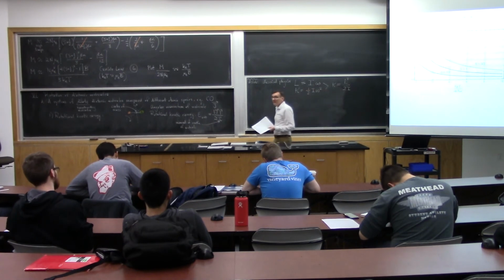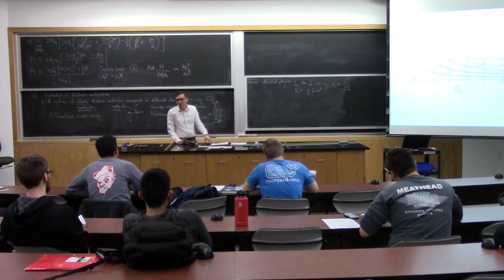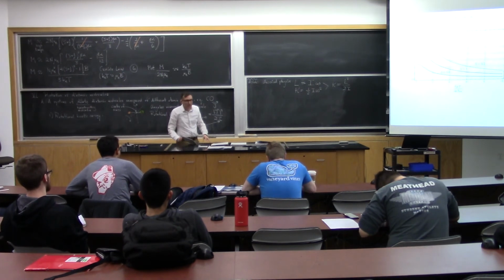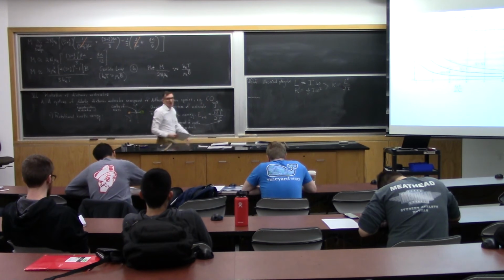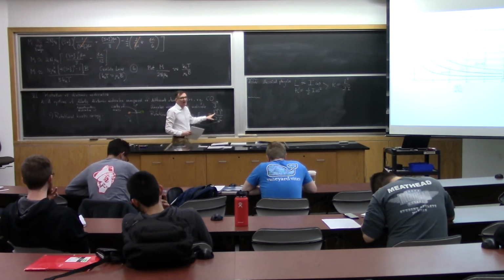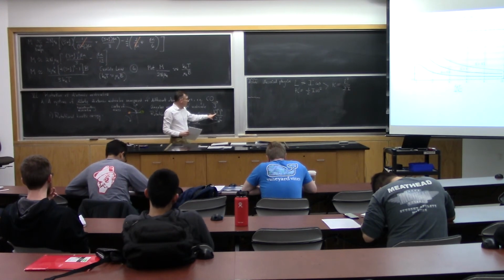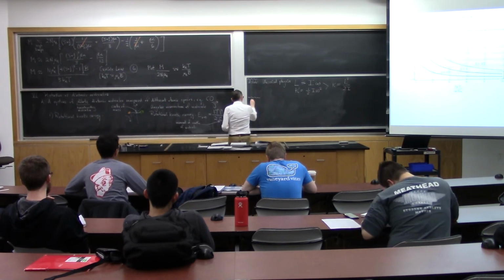Just like you can write the kinetic energy of translation as p squared over 2m. Okay? So that's the same thinking to write the rotational energy. And why do I want to write it this way in terms of the angular momentum squared? Because there's very well understood behavior of angular momentum in quantum mechanics. Okay? Because that's the next thing.